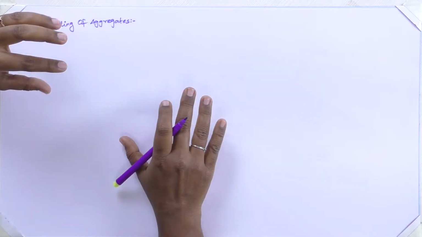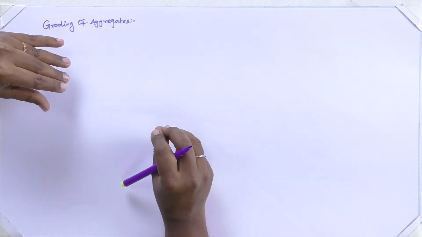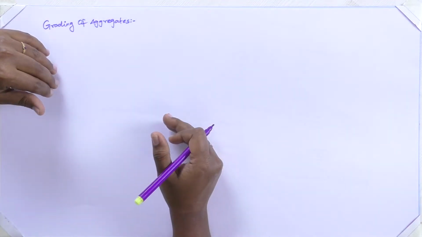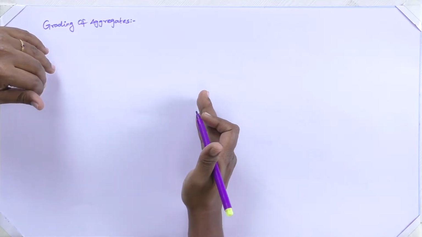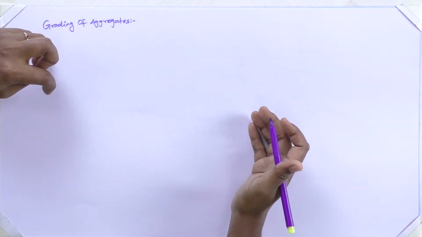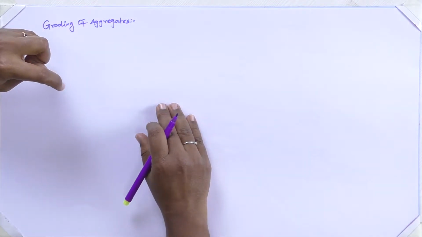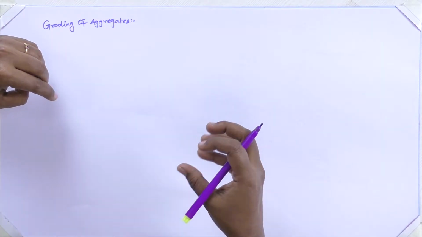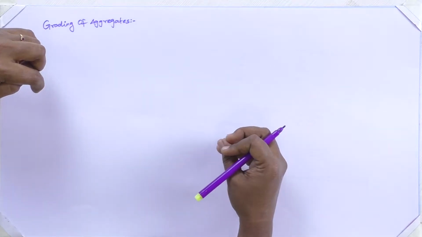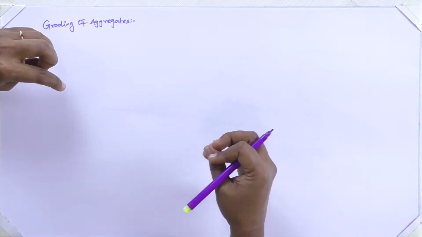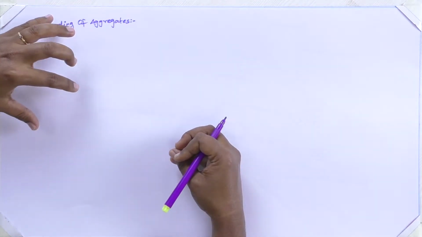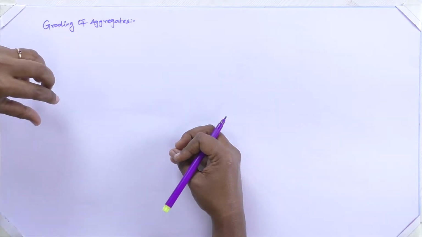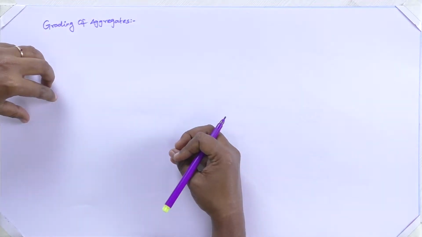In order to have a good, proper packing of aggregates, the code ensures the use of grading curves. Based on the grading curves, we can find out what should be the size of aggregate and in what proportion it should be added to the mix to ensure a proper packing arrangement.